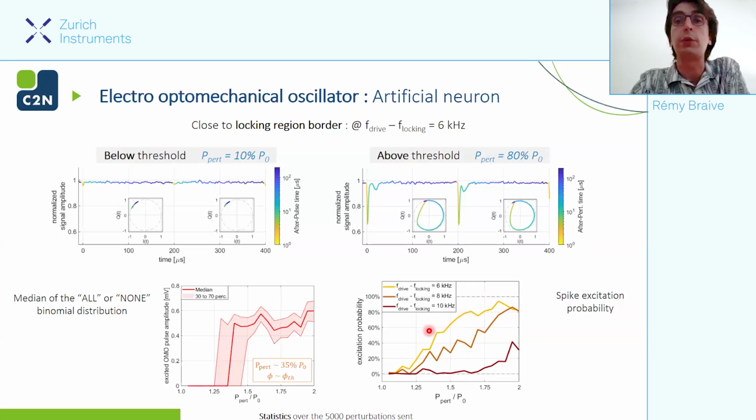So in yellow, it's when it's 6 kilohertz, the result I've shown you before. The brown is 2 kilohertz more inside, and we have a threshold which is a little bit higher. And when we are at 10 kilohertz, we barely reach 40% of probability.